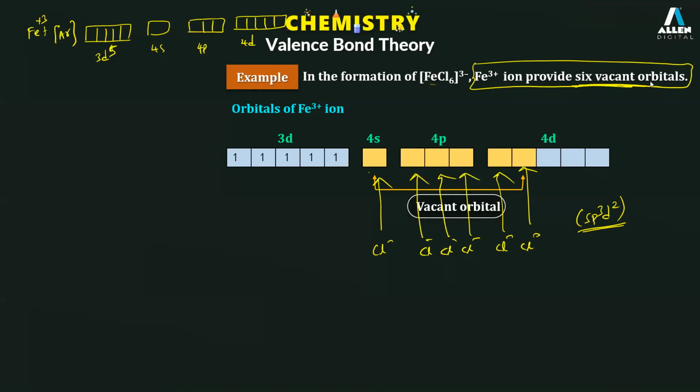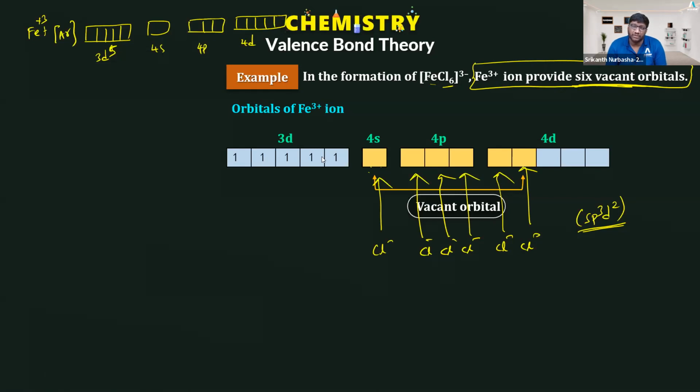Yes, sir. Yes. Now we'll ask a simple question. On what basis you are going to say that Cl will occupy electrons only from 4s, 4p and 4d? Why not Cl pair up the electrons in 3d and occupy the empty orbitals in 3d? That has to be decided based on strong field ligands and weak field ligands.